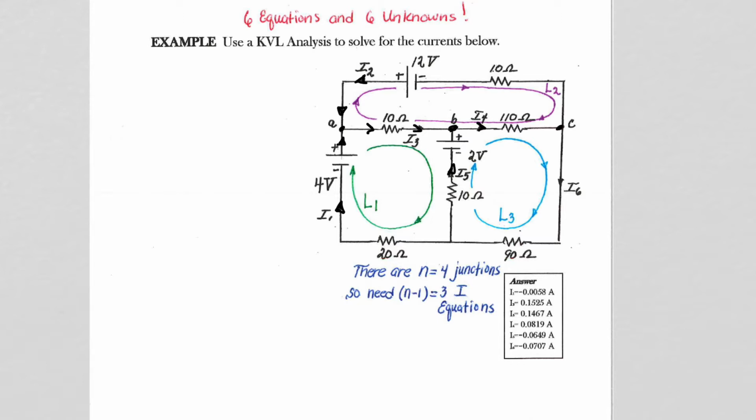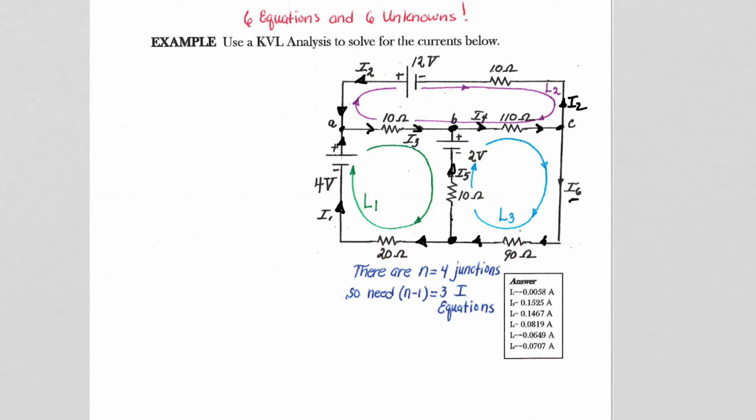Junction C, I4 comes in from the left, I2 goes up, I6 going down. I6 comes through here. It's our final junction down here, so that would be junction D if I labeled it. So I6 breaks into I5 and I1, so I am consistent.